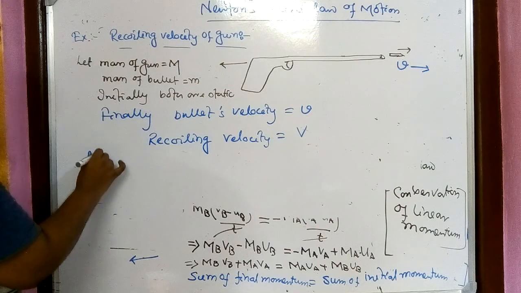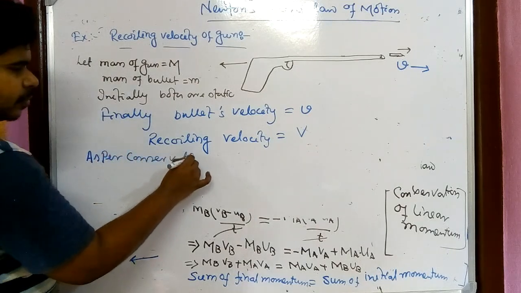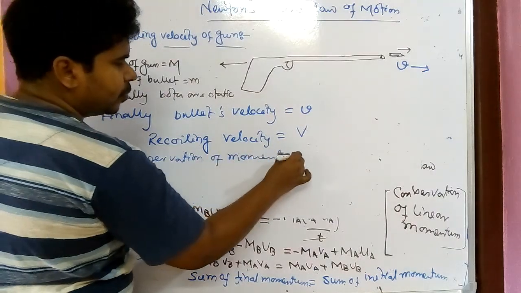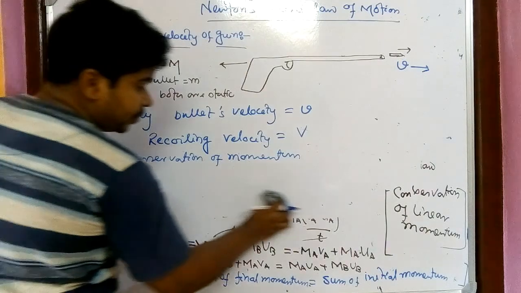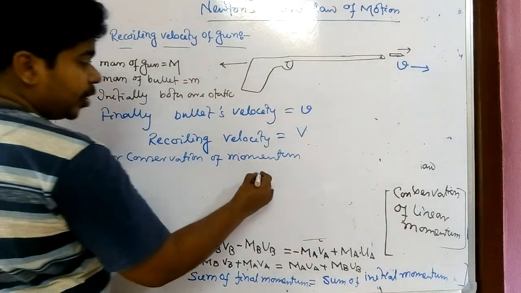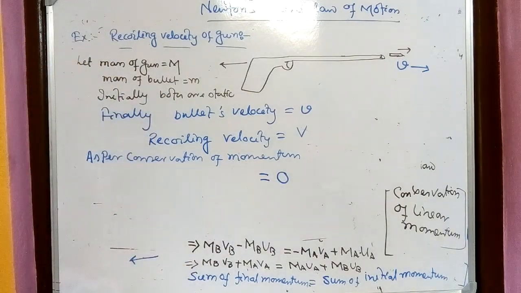So as per conservation of momentum, we can write that the sum of initial momentum equals the sum of final momentum. The sum of initial momentum should be 0, because the velocity is 0 and momentum is mass into velocity.